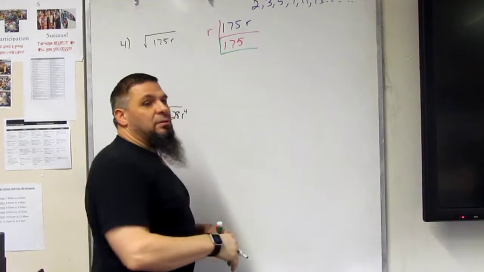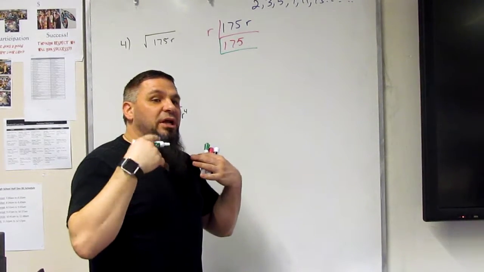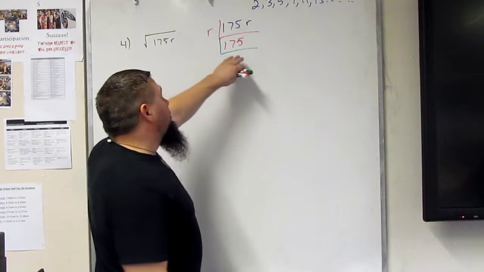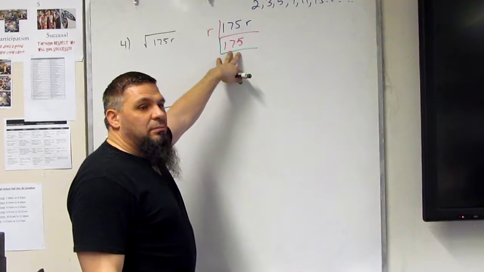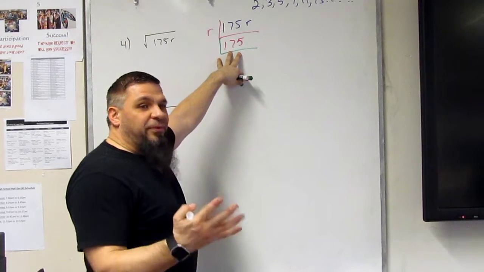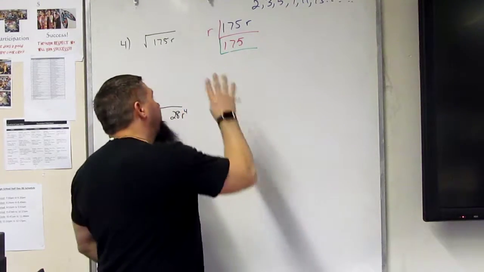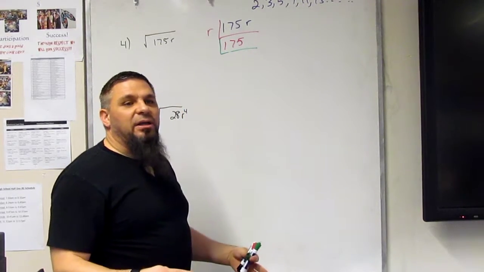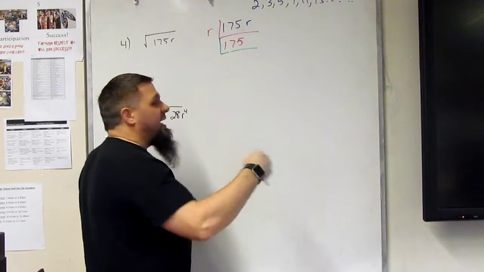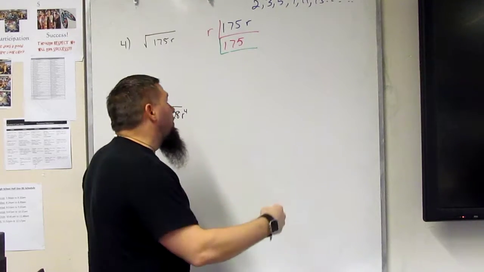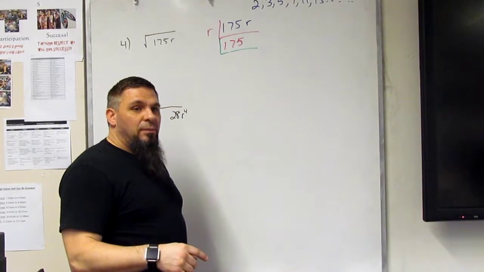Now I'm going to look at a 2. Does 2 go into 175? No. The trick for 2 is, is it even? Well, 5 is not even, so 75 is not even. Next, a 3. Will the 3 go into it? How do we know?